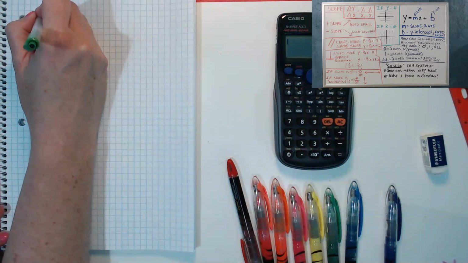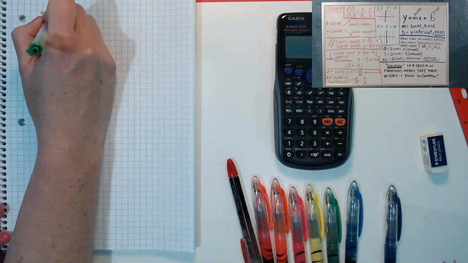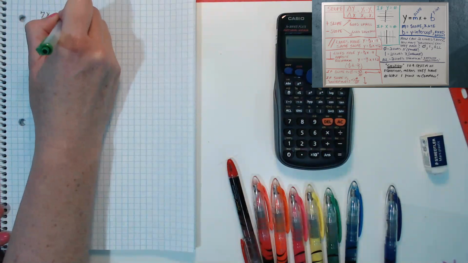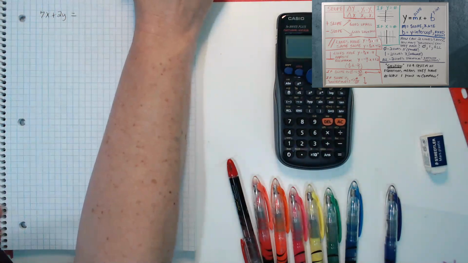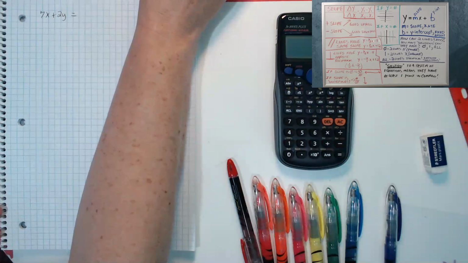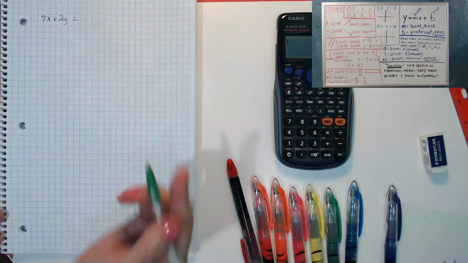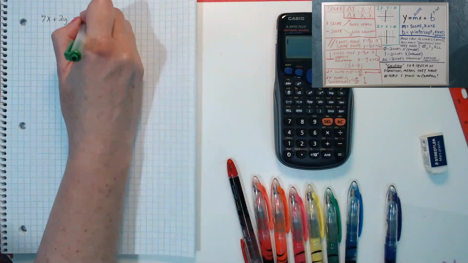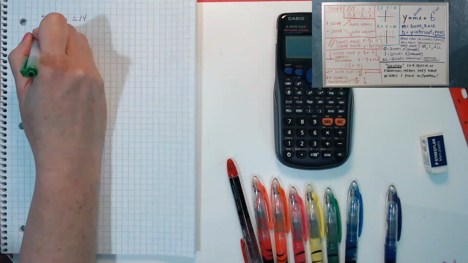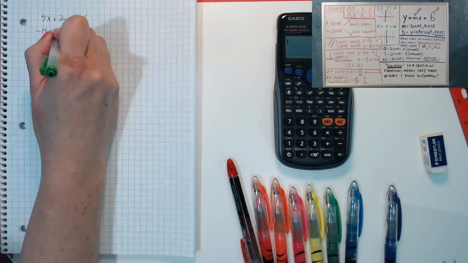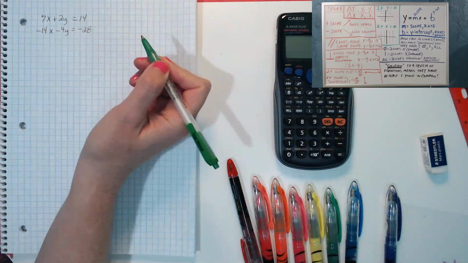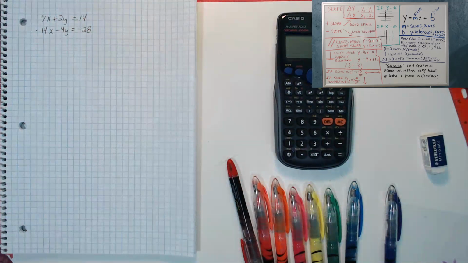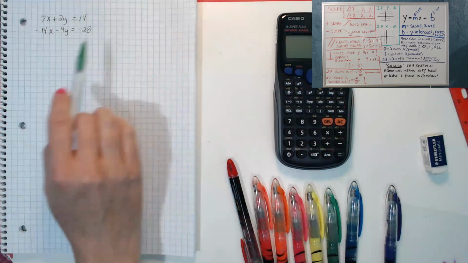Let's do 7x plus 2y equals 14, and negative 14x minus 4y equals negative 28. Okay. I'm going to do this out to the side so that we have plenty of space.